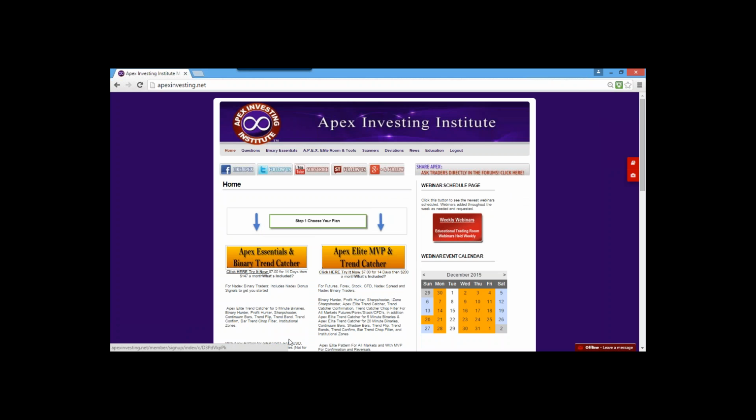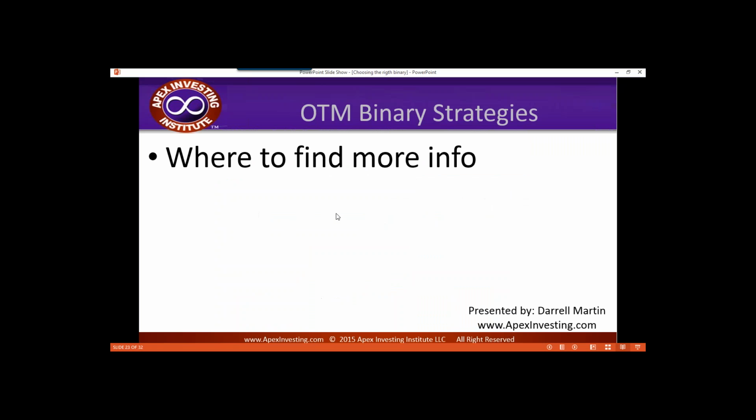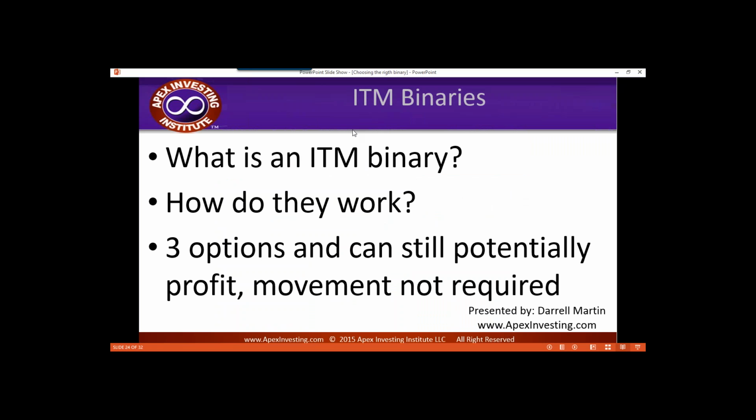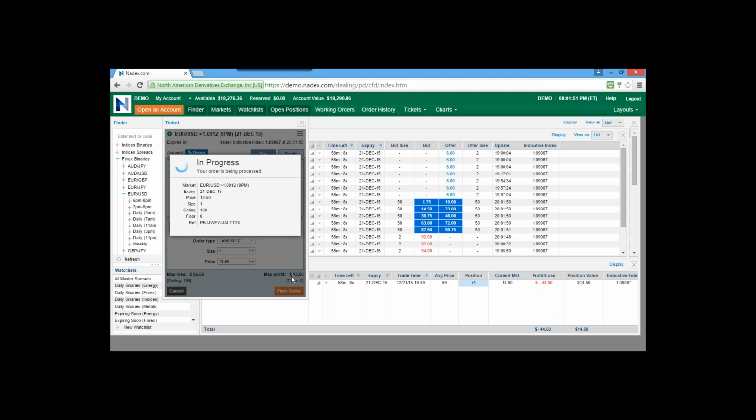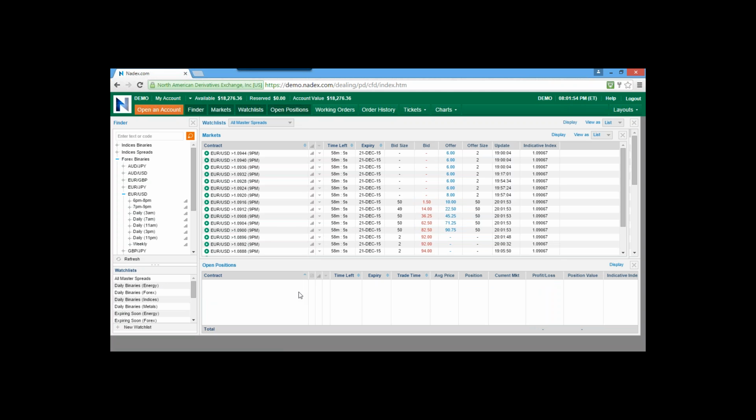Okay. All right, let's talk about the final one, ITM binaries, which stands for in the money binaries. Based on what we've covered, you pretty much already know what that means. But what is an in the money binary? Well, let's look at some examples. I'm going to clear this out of here.